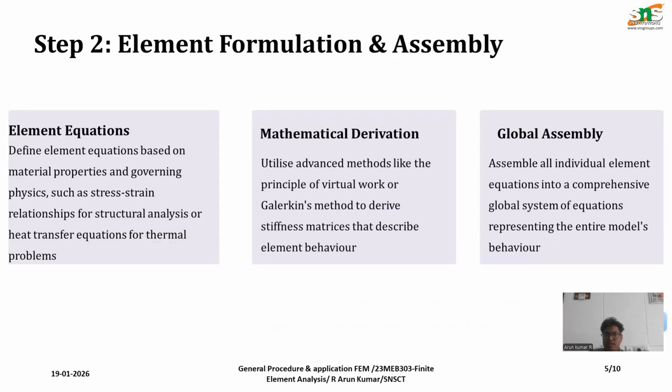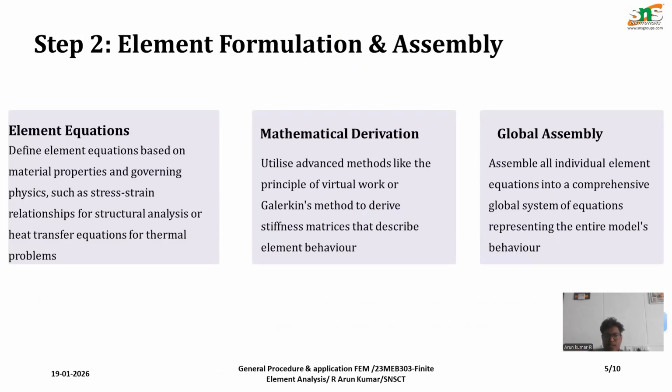Step 2 is element formulation and assembly. First, the element equations. What are the element equations? They are based upon the material properties and the governing physics, such as the stress-strain relationship for structural analysis or the heat transfer equation for thermal problems.